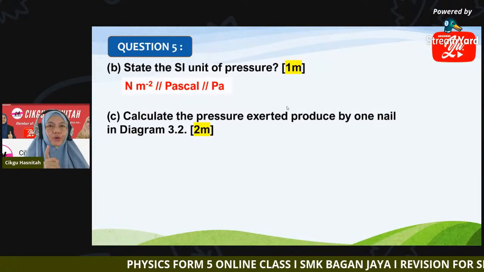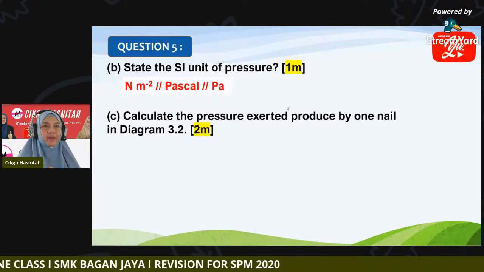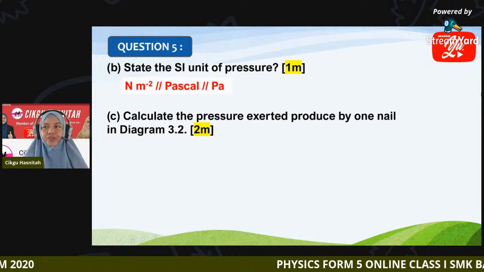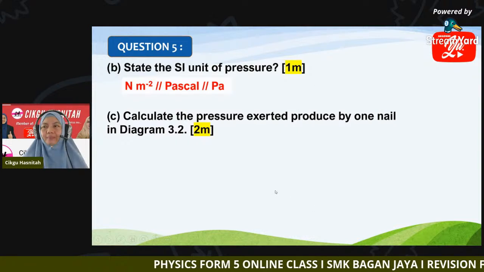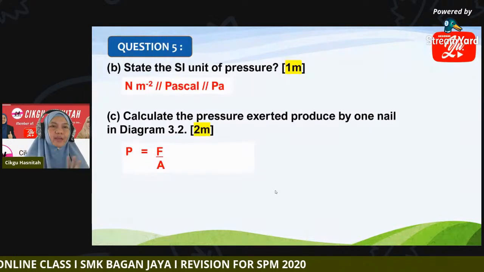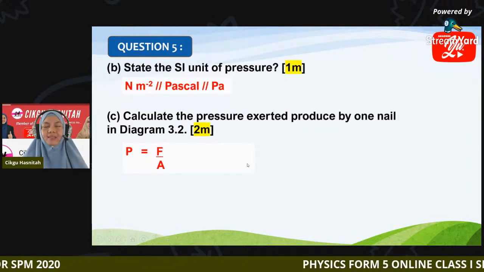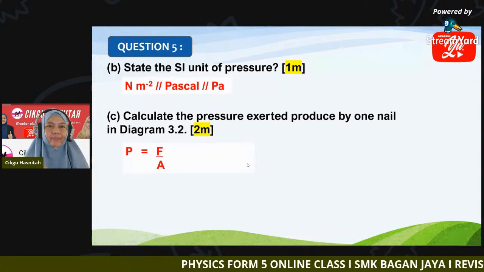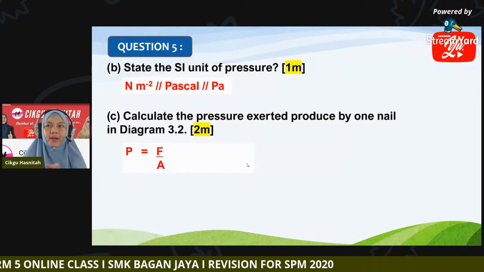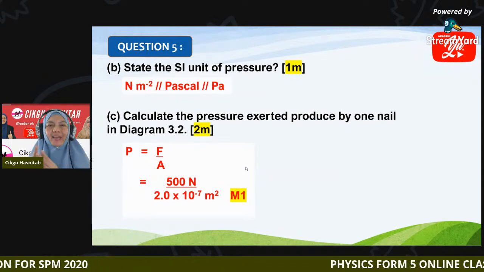How do we calculate the pressure exerted by one nail in diagram 3.2? What is the formula to find pressure? Pressure is force divided by area. Just now we gave the definition, force per unit area. So what is the force applied here? The force applied here refers to the weight of the man, which is 500 Newton. What is the area for one nail?